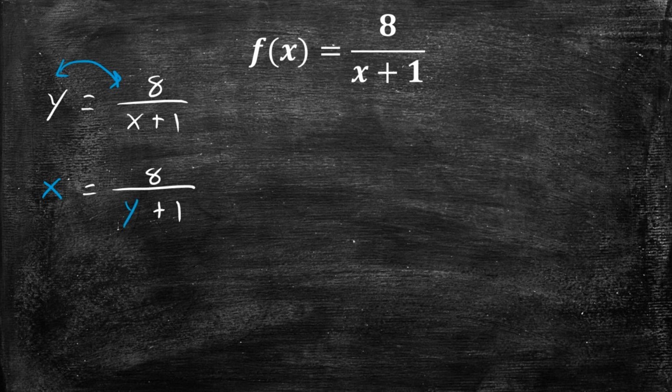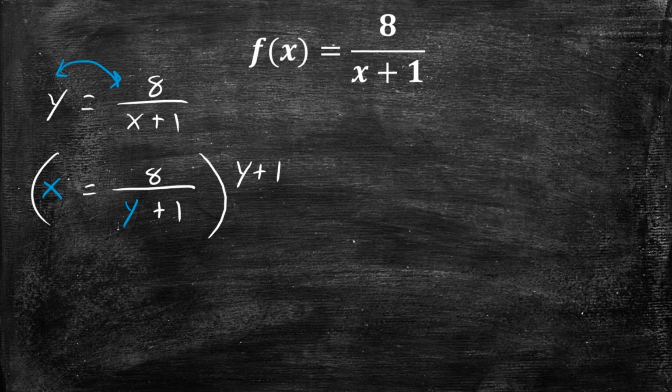And now what we want to do is isolate this y here. And the way we do that is we're going to multiply the entire equation by this bottom part here, the denominator there, so y plus 1. Okay?